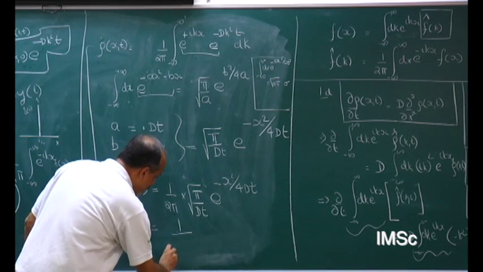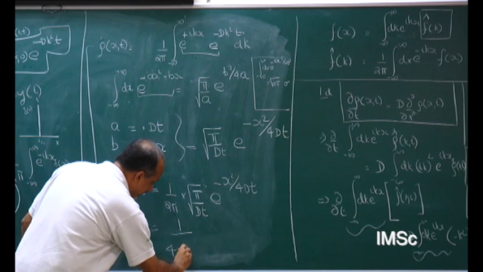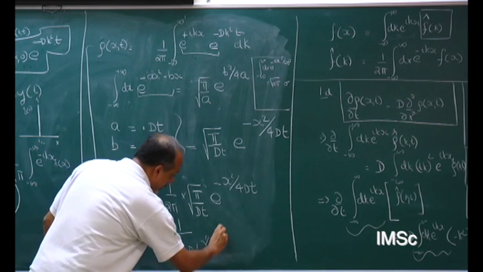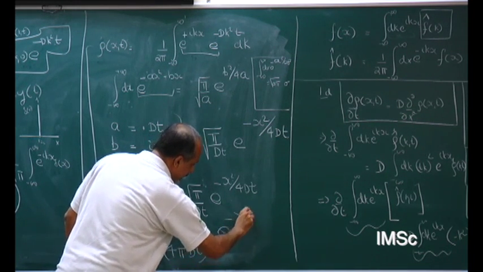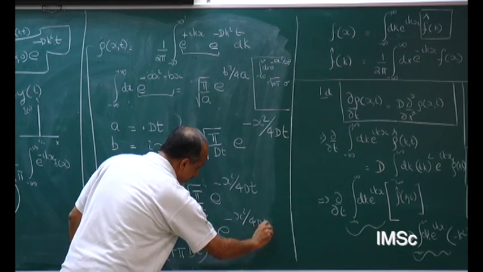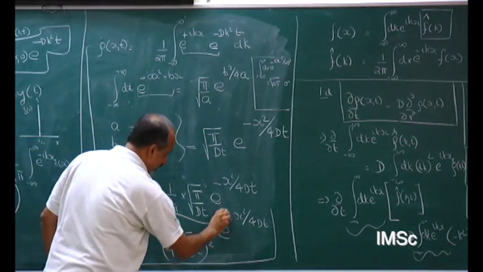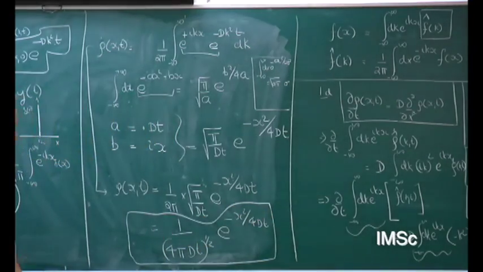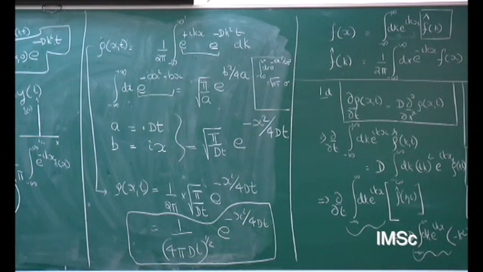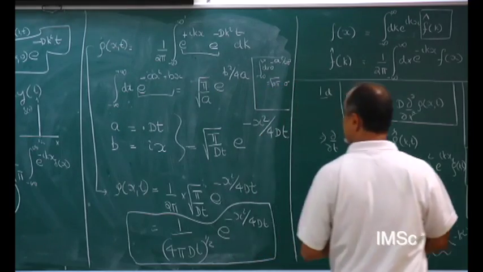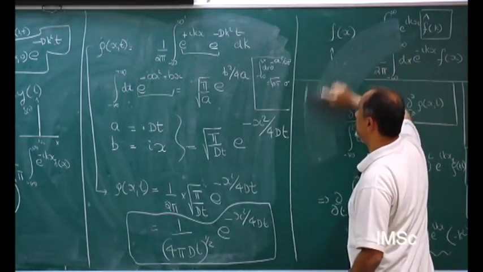So this is 1 over 4 pi dt to the power 1/2 exponential of minus x squared divided by 4 times d times t. And that is the solution of the diffusion equation, starting from a condition which is a delta function at t equal to 0.